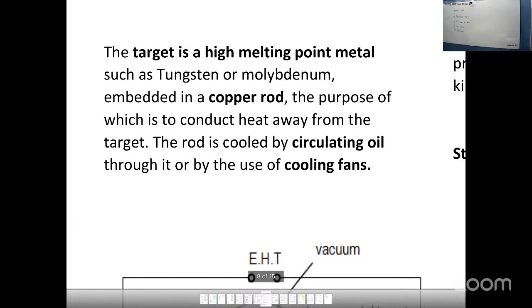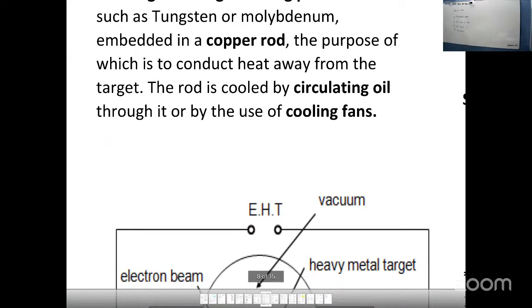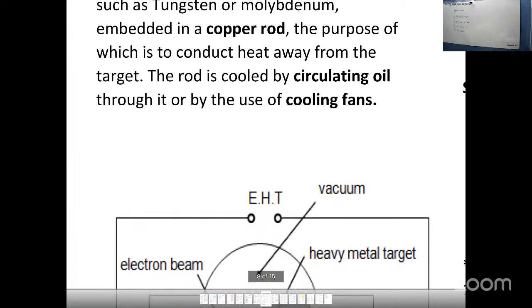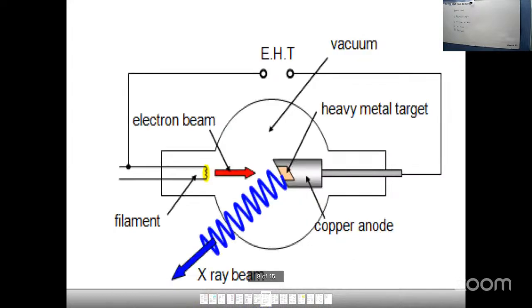The target has a high melting point, so it can handle all the heat, for example tungsten or molybdenum embedded in copper rod. The purpose of the copper rod is to conduct heat away. The rod is cooled with oil. The one I showed you there, they use water to cool it down, with cooling fans as well.